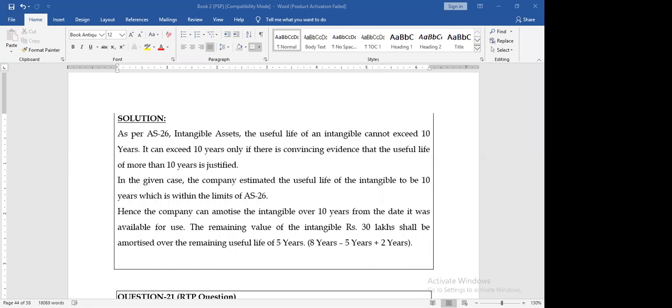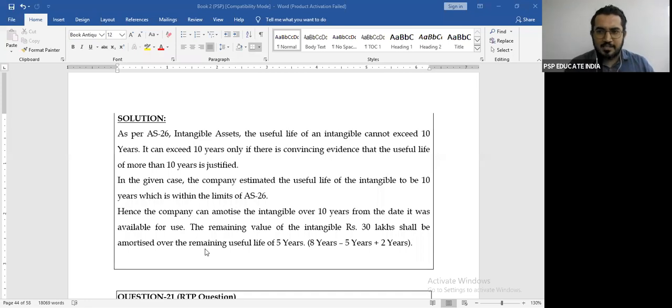So what's your remaining useful life? 5 years. So 3 plus 2 will be 5 years. Your useful life has increased from 8 years to 10 years. That's an easy way to understand. Your useful life increased from 8 years to 10 years, so 2 years were added. That 2 years I have added. Right? I hope Samira that solves your doubt.